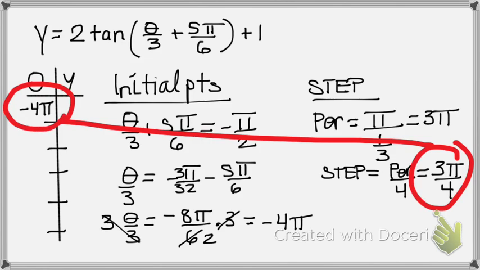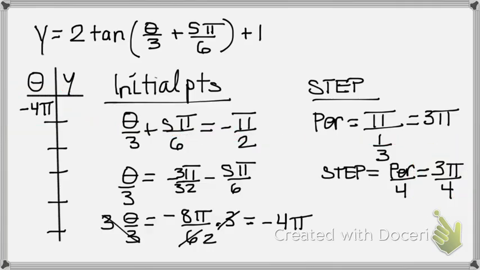So the thing to do here is to write negative 4 pi with a denominator of 4. So let's do that. I'm going to take that off, and I'm going to replace it with negative 16 pi over 4, right?